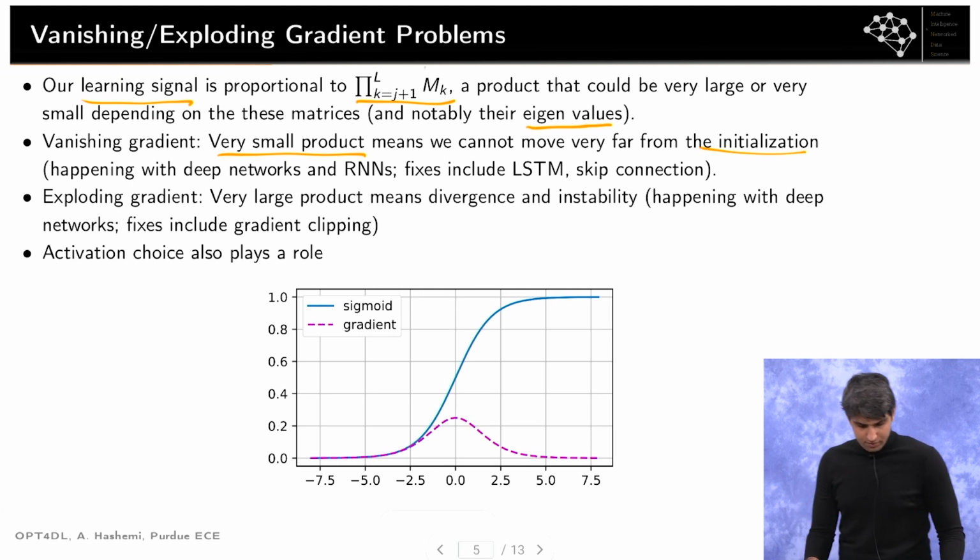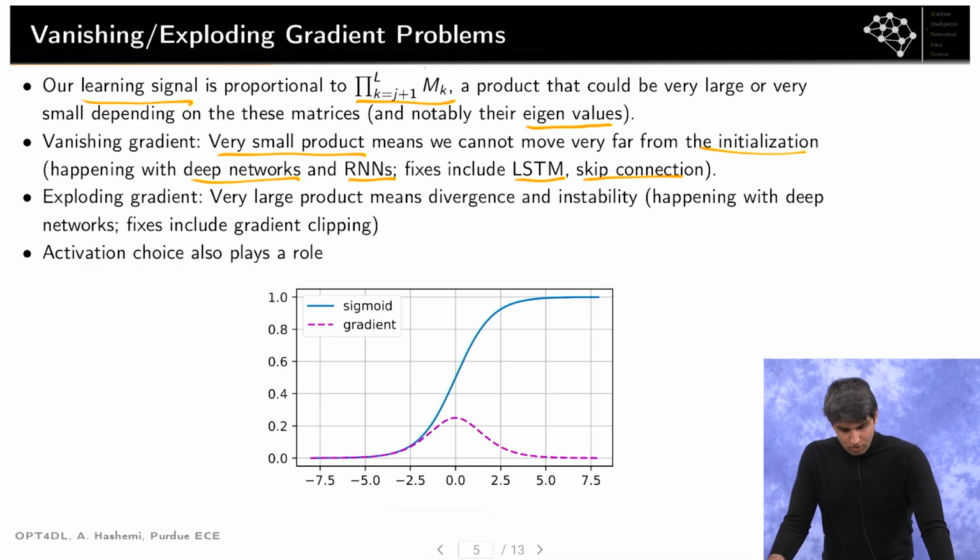And this has been observed to happen with very deep networks and also RNNs. And the fixes in the literature include the LSTM architecture that we briefly talked about, as well as adding skip connections to our network, such as residual networks.